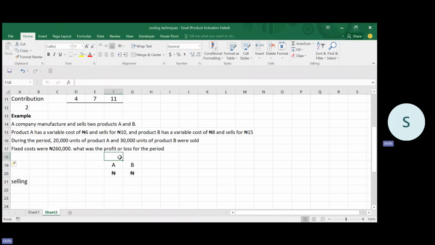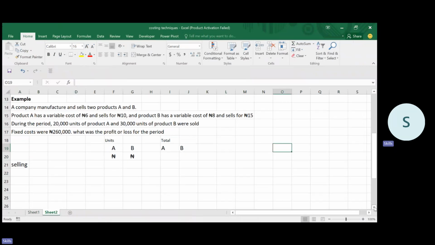Let's deal with it per unit. And then let's have another product A and B, the same A and B. Now let's have this in total. Good. Because we need the total in solving this.